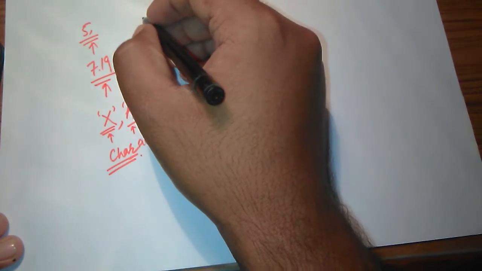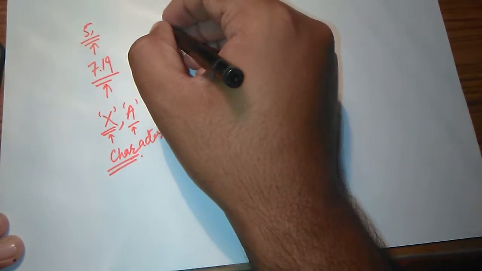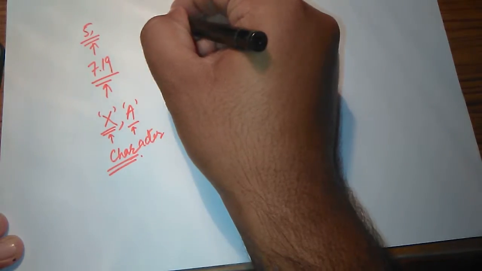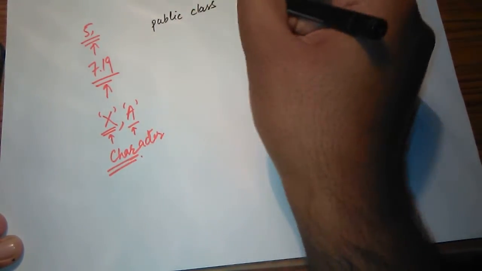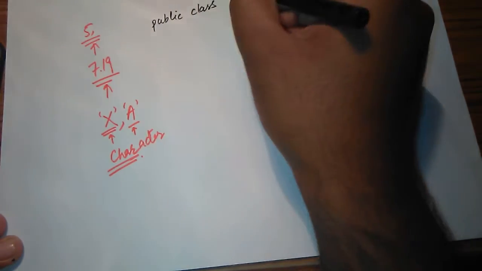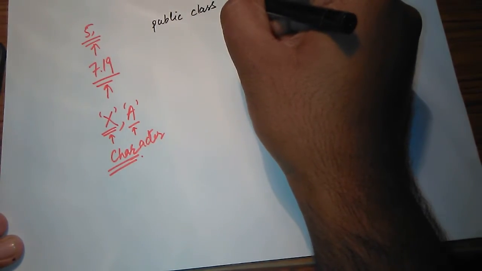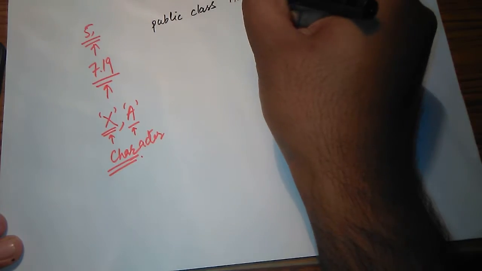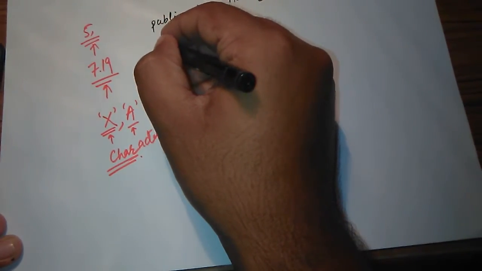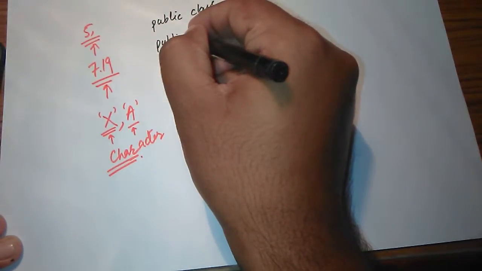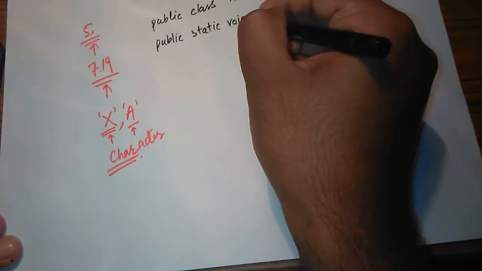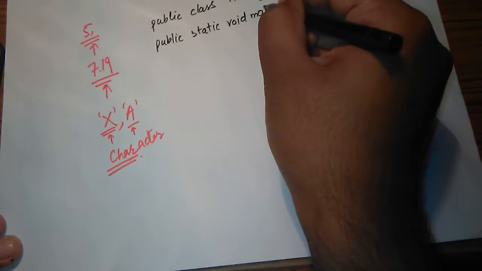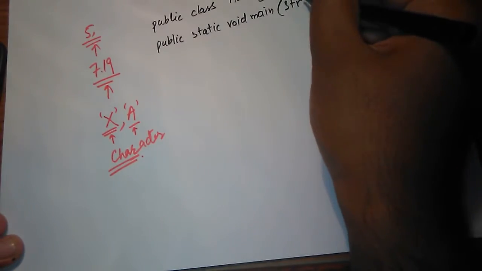For example, I have a program here. I'm writing complete code, public class. I'm giving here a name, static void main string.